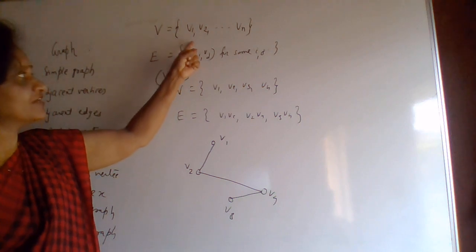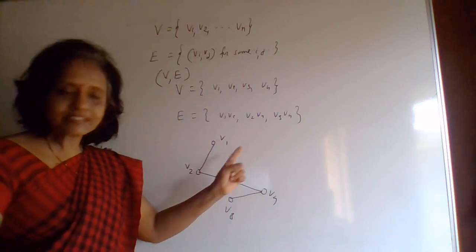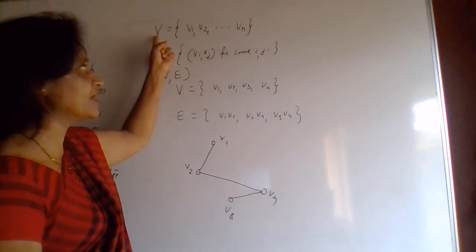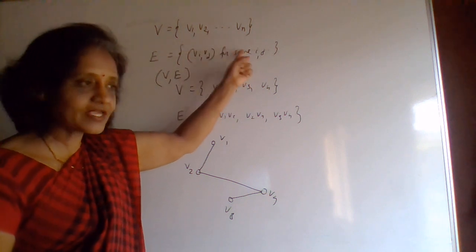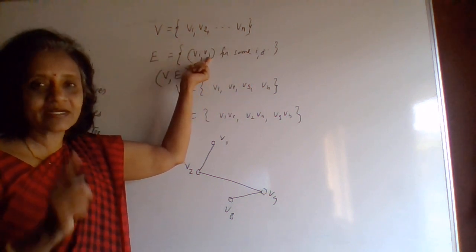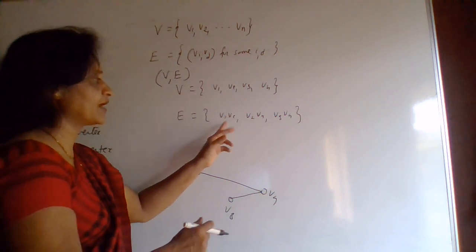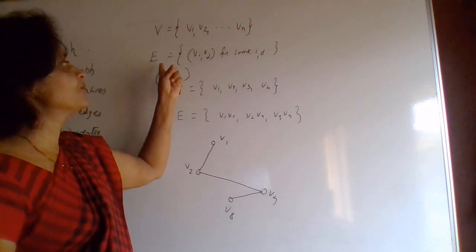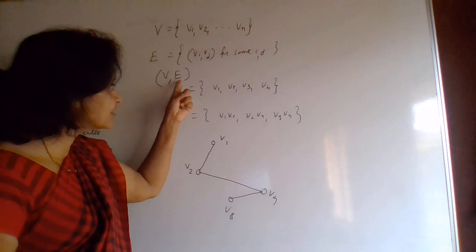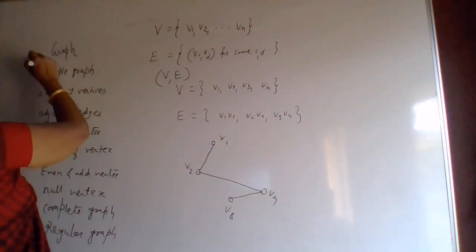So the analytic definition is this. Geometrically we represent it in this way. So what is a graph? A graph consists of first of all a set V with elements V1, V2, ..., Vn. E consists of ViVj. It's not an ordered pair. That is the most important thing. You may have V1V2. You may have V2V1. So this is ViVj for some i, j. Then V together with E is called a graph. That is our first definition of graph.